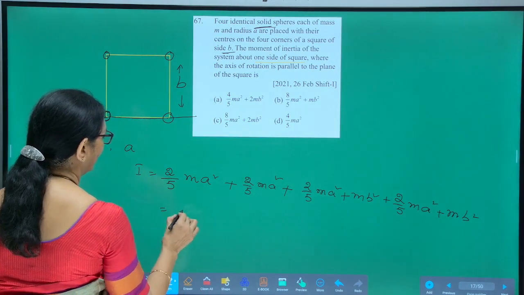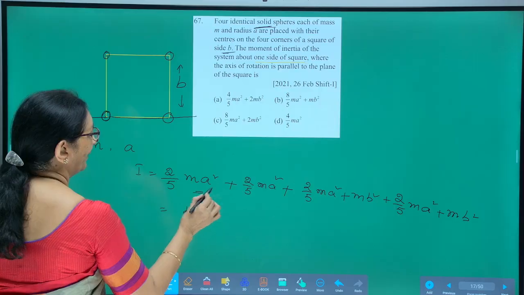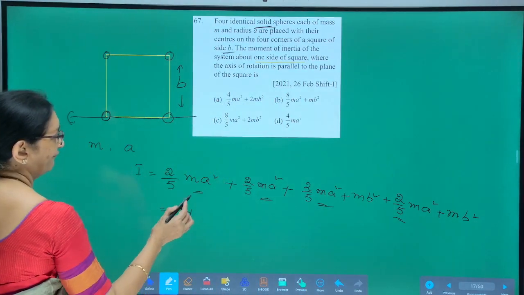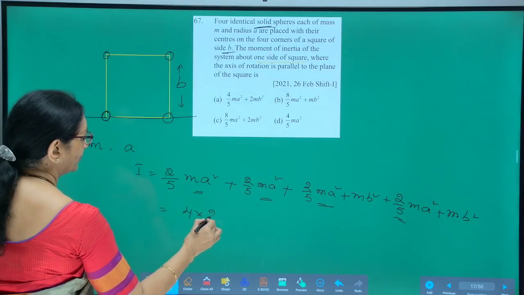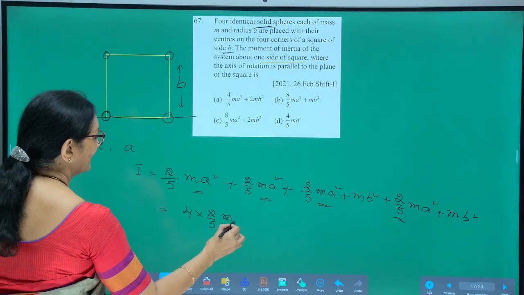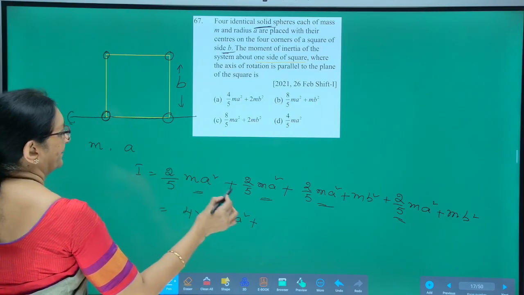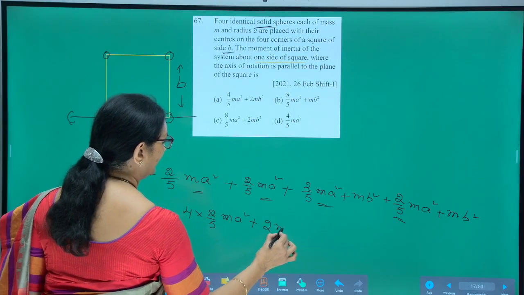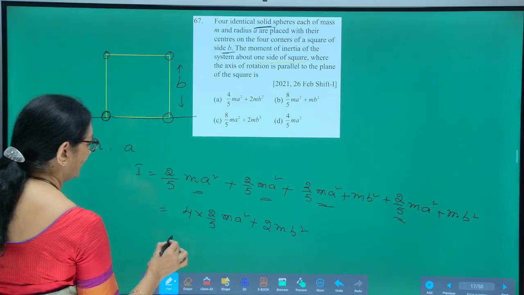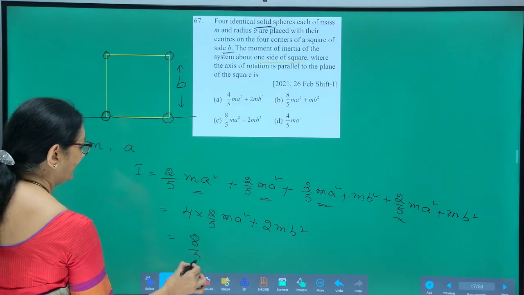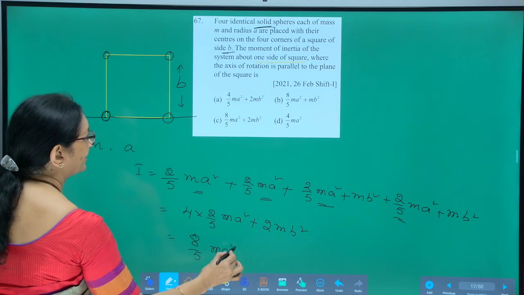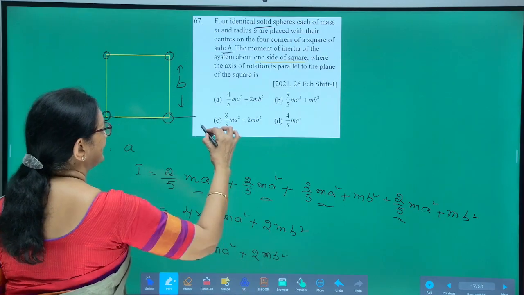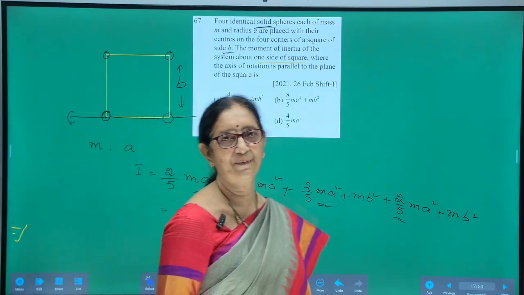So altogether we will be getting 2 by 5 m a square, 2 by 5, 2 by 5, 2 by 5, so we have 4 into 2 by 5 m a square, plus m b square plus m b square, 2 m b square. So it is 8 by 5 m a square plus 2 m b square. This is the correct answer for that problem.